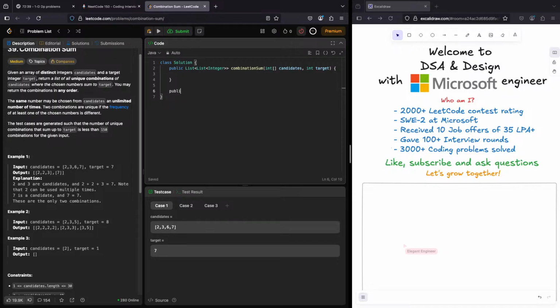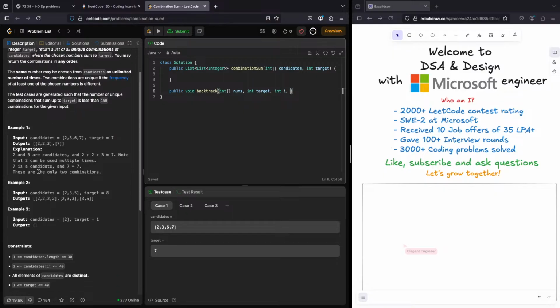So, public void backtrack, with int[] nums, int target, int sum, and first int i. Do I need to reduce the target? If the target is 0, then that means all the elements are added.